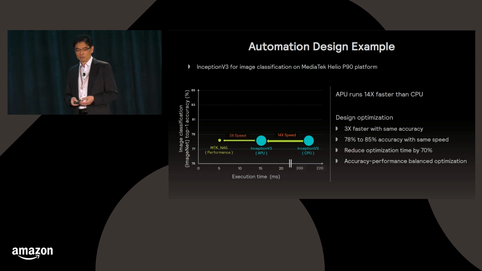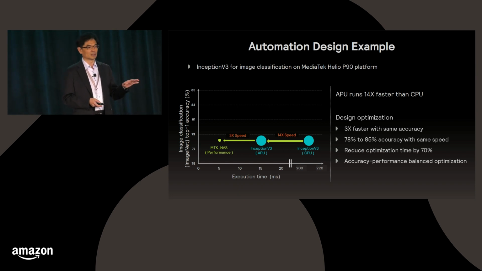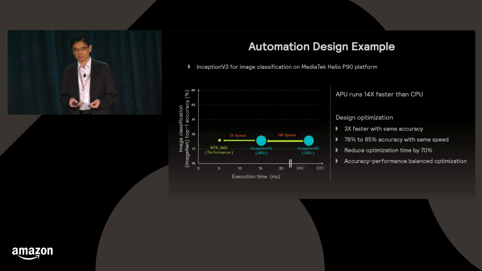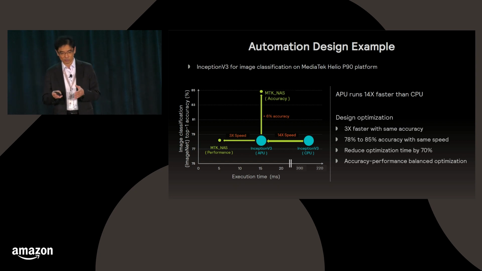Here's the result we get. If our goal is to improve the speed while keeping the same accuracy, we can get 3 times improvement in speed while the accuracy remains unchanged. If accuracy is the priority, we can improve the accuracy from 78% to 85%, while the execution time remains around 15 milliseconds.